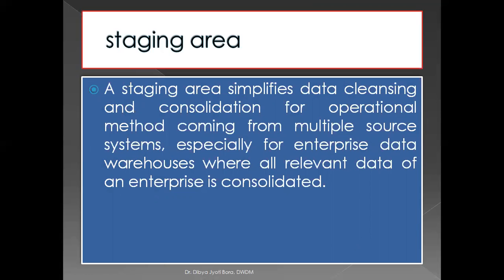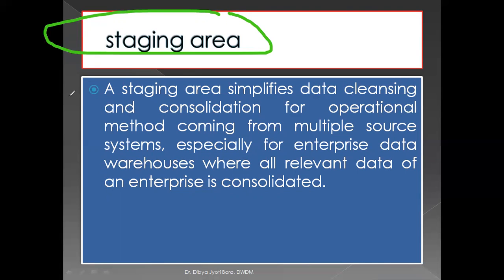We integrated them directly from different sources, but we have not included one phase that is known as pre-processing. We are not filtering them. We are directly putting those summarized information into the data warehouse. Now this thing can be rectified with one technical concept that is known as the staging area.